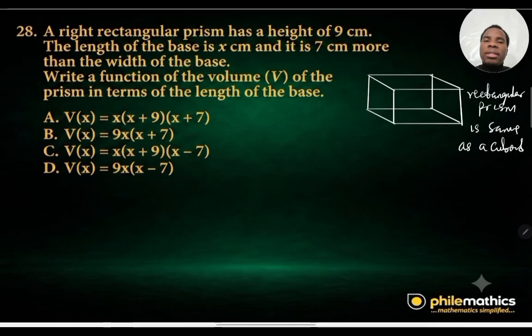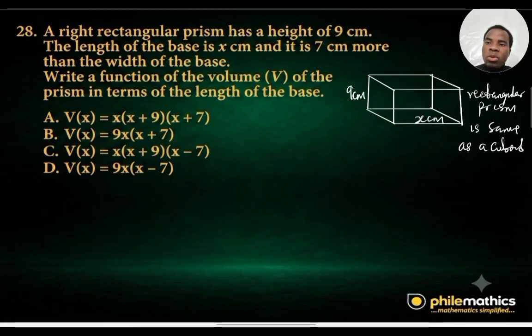We are told that the height of the rectangular prism is 9 cm. The length of the base is x cm, this x cm, and it is 7 cm more than the width of the base. If you are told that I am 7 years older than you and you know my age, to get your age is simply subtracting 7 from my age.